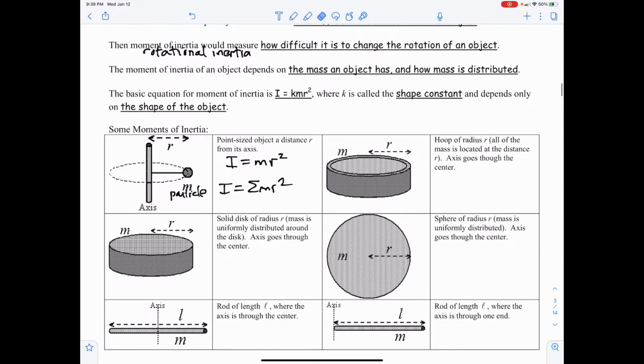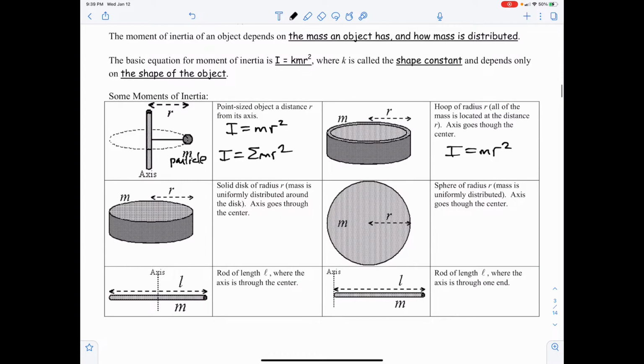Now a thin hoop, and we'll derive this in class so that you understand where these formulas come from, is also I equal to mr squared. Now a disk: the mass distribution of a hoop is all the way at the end.